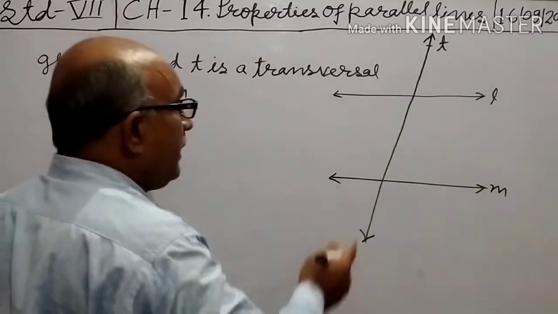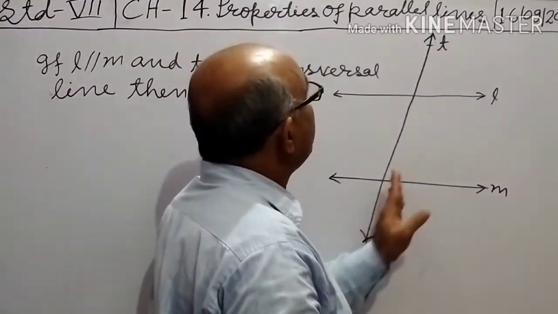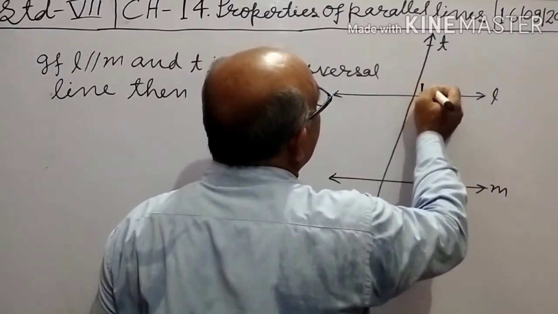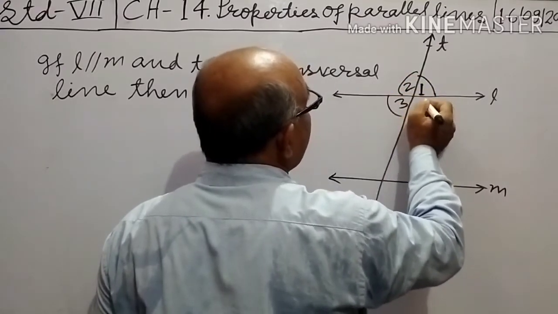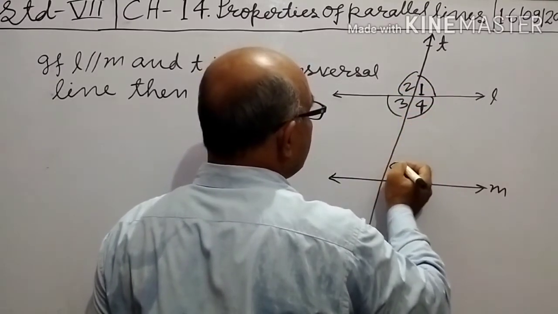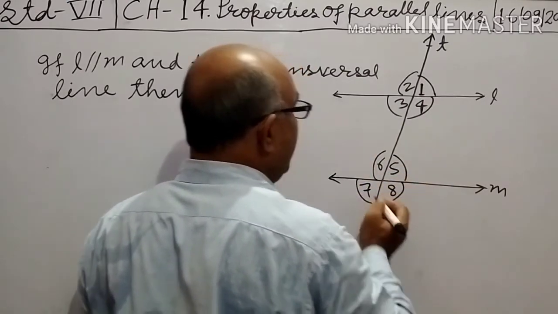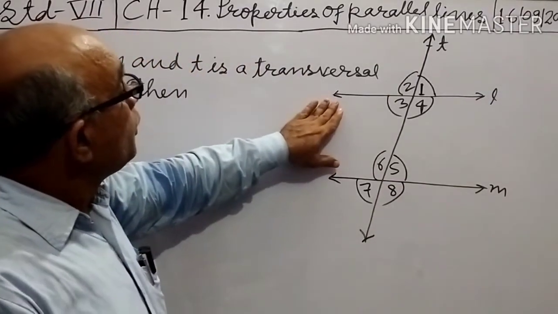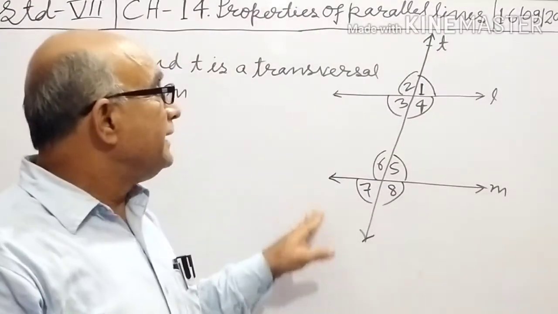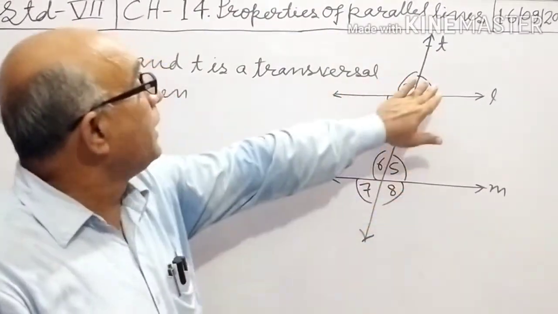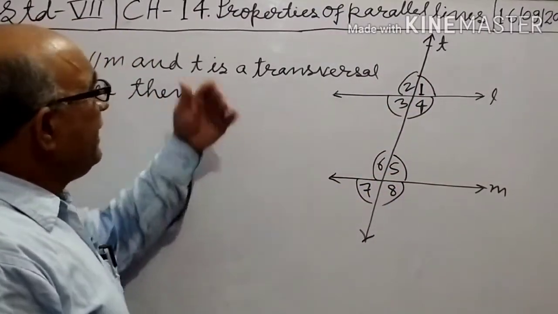then two parallel lines and one transversal line form eight different angles: 1, 2, 3, 4, 5, 6, 7 and 8. Students, two parallel lines L and M and T the transversal line form eight different types of angles. These are divided into different types.